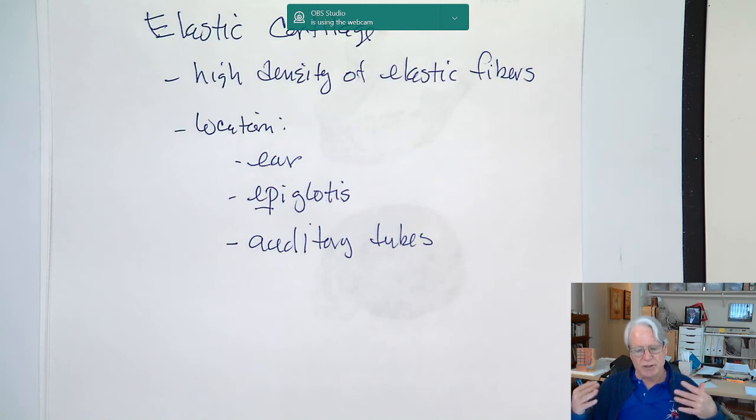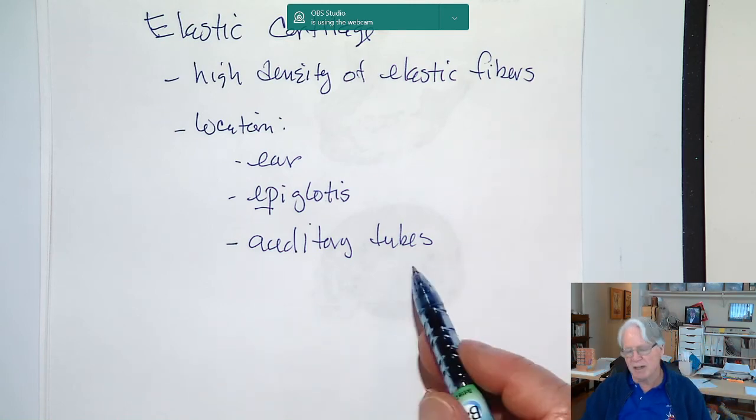So when you are flying or going up or down a mountain, you open up that auditory tube and allow air to flow from the mouth and throat into the middle ear, so that the pressure on each side of the eardrum is exactly the same. As you go up the mountain, there's less air pressure, and you want the air pressure across the eardrum to be equal. So you have this little tube that allows you to do that.